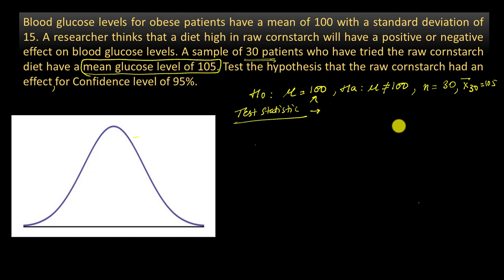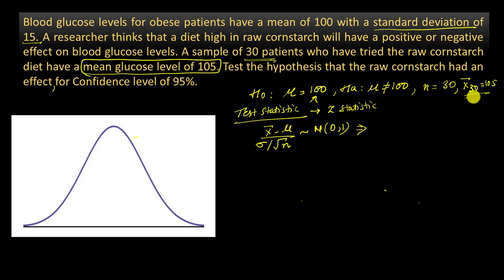Since the standard deviation of the population is provided to us, we are going to use the z statistic. So x bar minus mu divided by sigma over root n is distributed as a standard normal distribution. Let us write down the given data into this equation. Here x bar is the sample mean, which is 105.